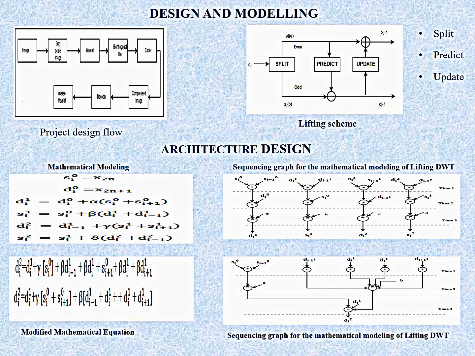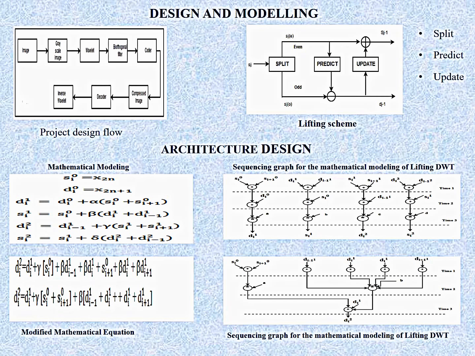The same architectural design is converted into a systematic FSM, as shown in the next sequencing graph. In the sequencing graph, I have shown that three different time stamps are required to update the final value. So the main problem of this paper is the time constraint and also the area constraint.